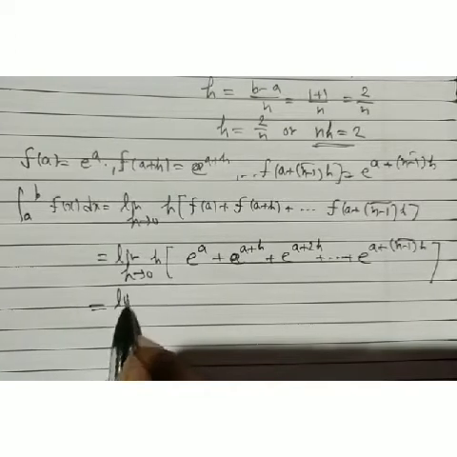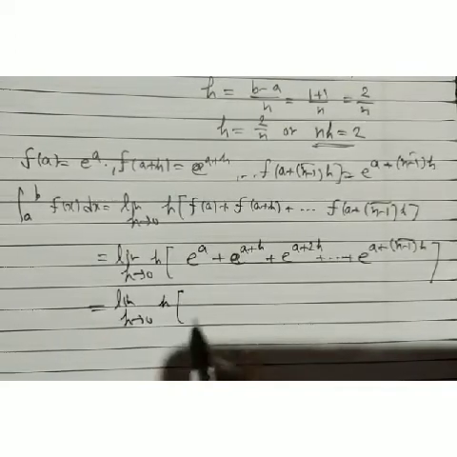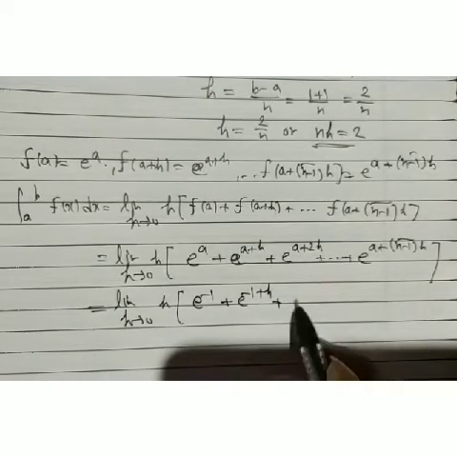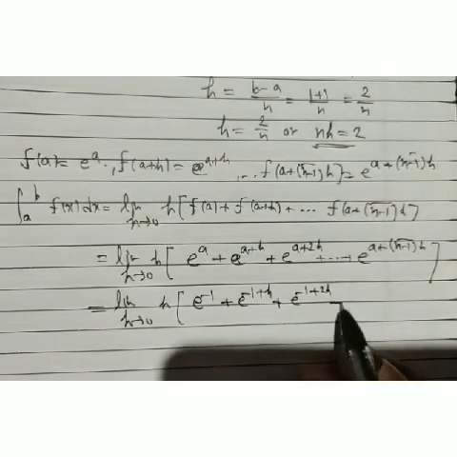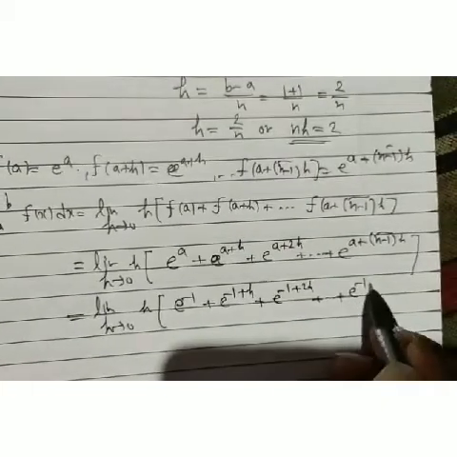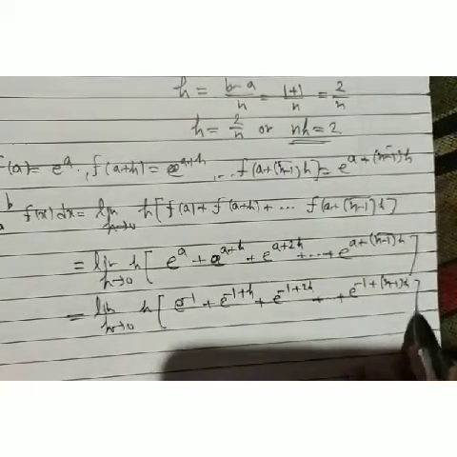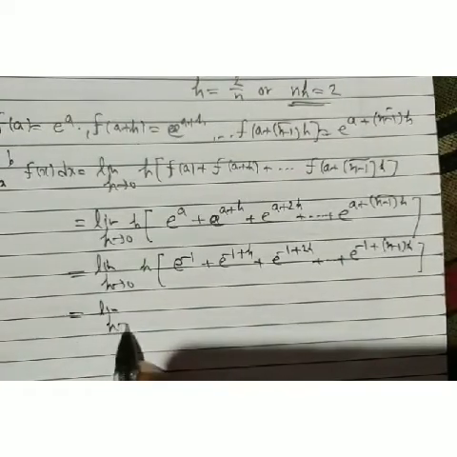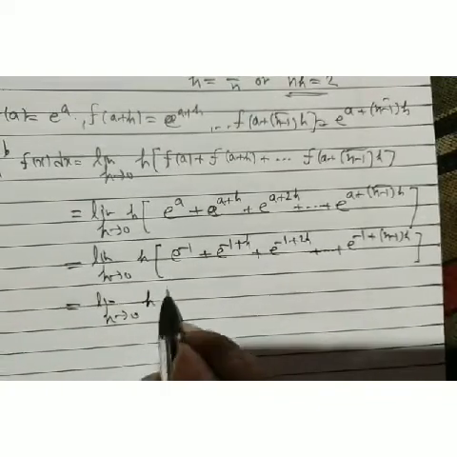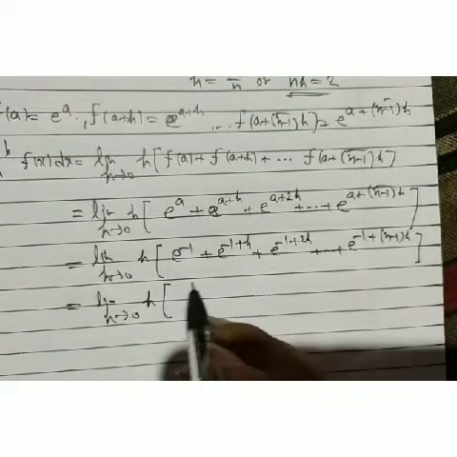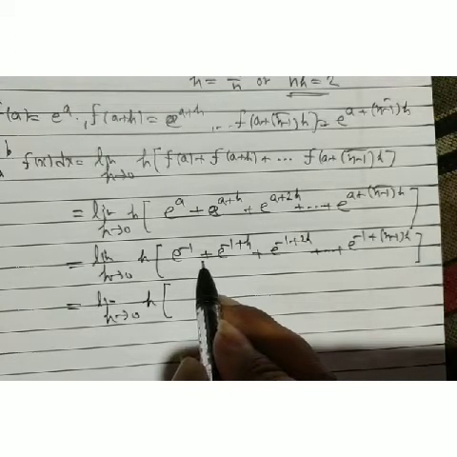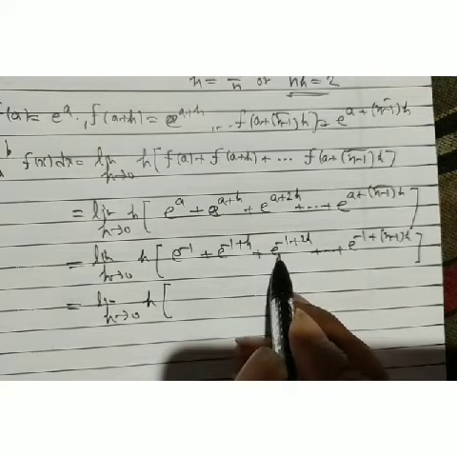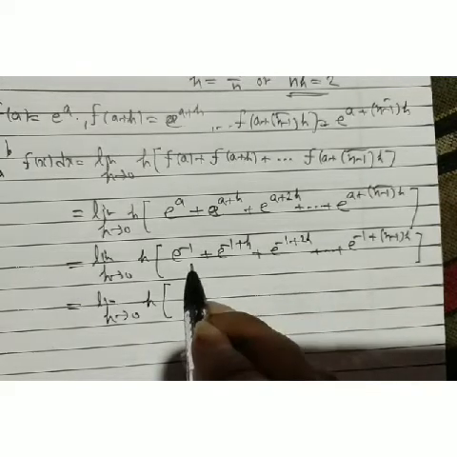Now the limit as h tends to 0 of h times [e to the power minus 1 plus e to the power minus 1 plus h, e to the power minus 1 plus 2h, and e to the power minus 1 plus (n minus 1)h]. Now we can write it in a simple manner.